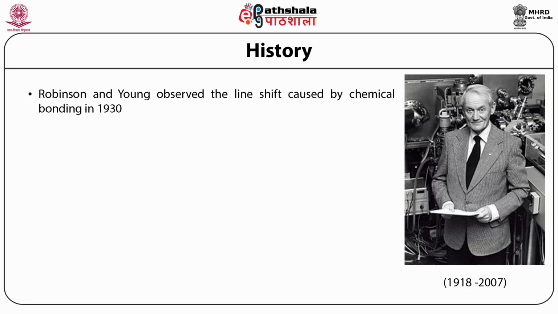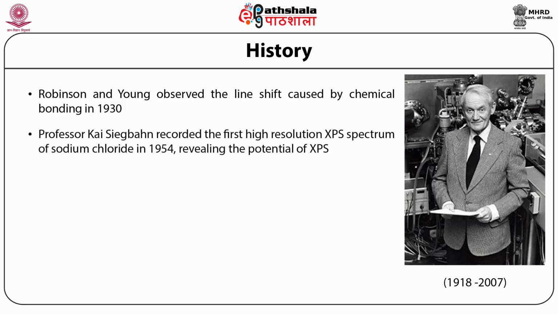That is, they observed the effect of different types of bonds present in a compound, or we can say how an element is attached with different types of bonds. A main step was taken by Professor Kai Siegbahn and his research group at Uppsala University in Sweden to build up electron spectroscopy as a tool in the determination of electronic structure.